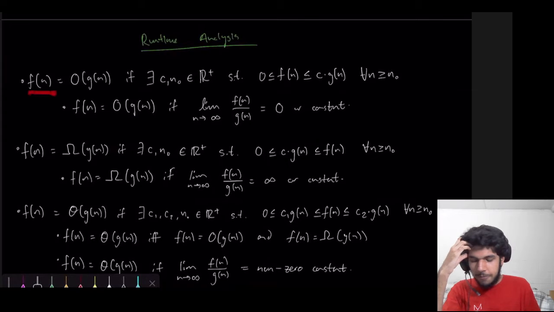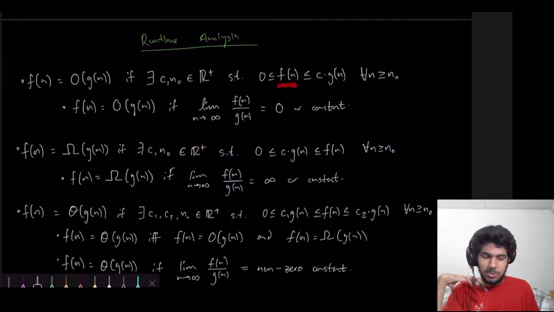So a function f of n is O of g of n if there exist positive constants c and n naught such that 0 is less than or equal to f of n, which is less than or equal to c times g of n, for all n greater than or equal to n naught.